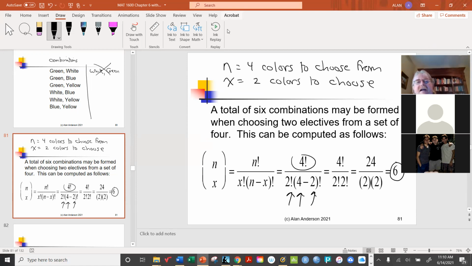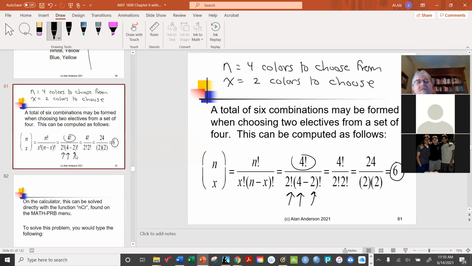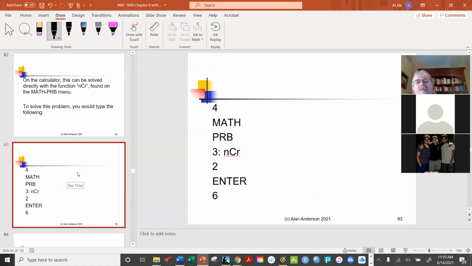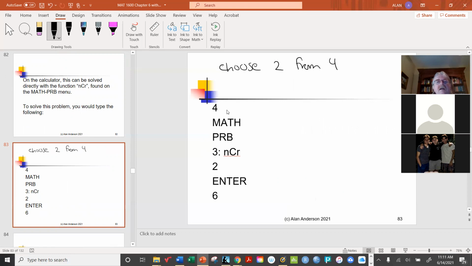All right, now, in order to do this on your calculator, at least on the TI-83, 84 series, you start with a 4. Now remember, you're trying to solve for 4 choose 2.